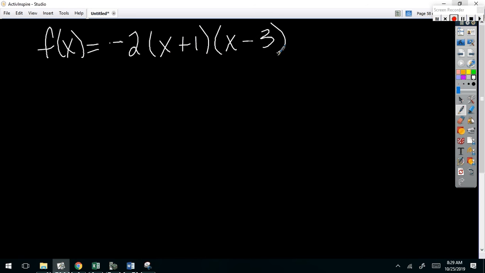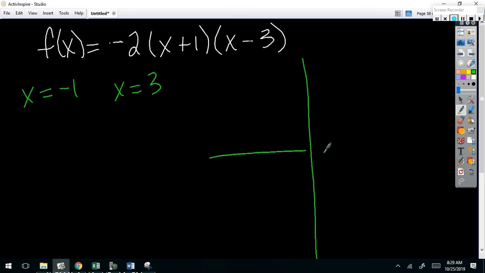Yes, it's intercept form. It's intercept form because it gives us the x-intercepts, right? All right, so tell me then, what are the intercepts? Negative. Change the signs on them. All right, so that means I have 1, 2, 3, and -1, right?